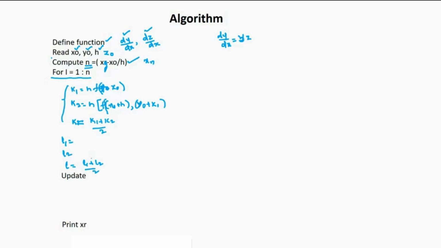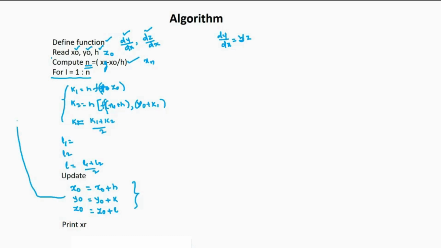Once you have computed this, for the second iteration, what we have to do? We have to update the values of x naught, y naught, and z naught. So x naught is equal to previous value of x naught plus h, y naught is equal to previous value of y naught plus k, and z naught is equal to previous value of z naught plus L. By using these formulas, we have to update the values of x naught, y naught, and z naught every time.